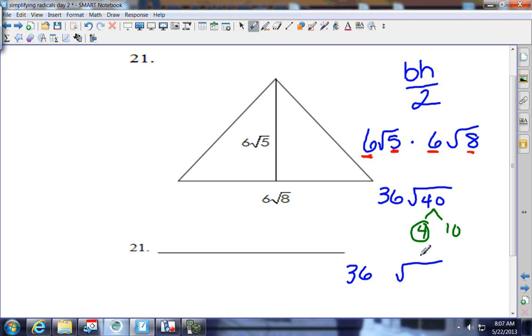What's the square root of 4? 2. So I've got to take this times 2. 10 is as low as it can go because it's 2 and 5. So it's square root of 10. And if not, you can still break it all apart and do what we've been doing. But now you have to take 36 times 2. What is that? 72. Square root of 10. That's the area.